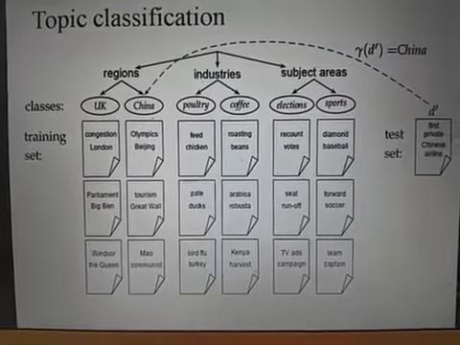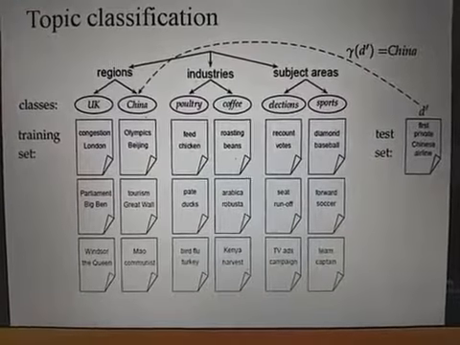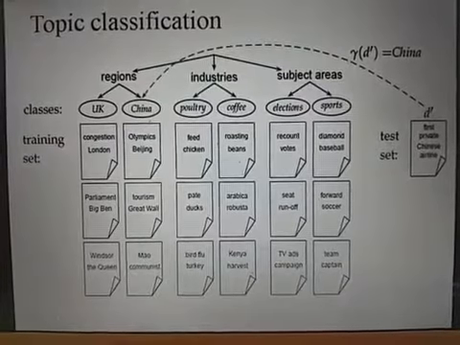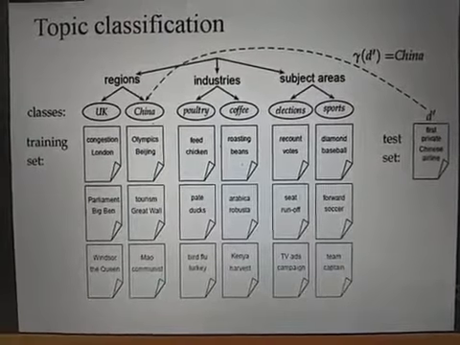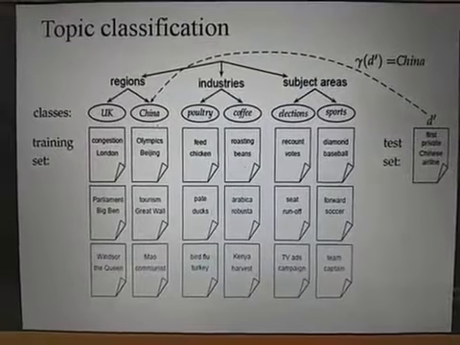So let us take an example of topic classification. Here six different classes are provided: UK, China, poultry, coffee, election and sports, under different categories, that is regions, industries and subject areas.